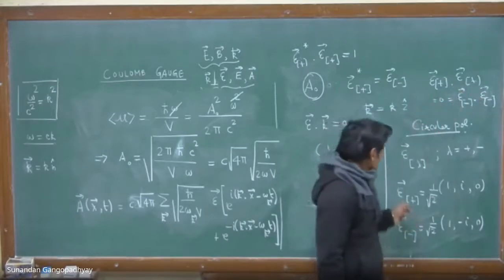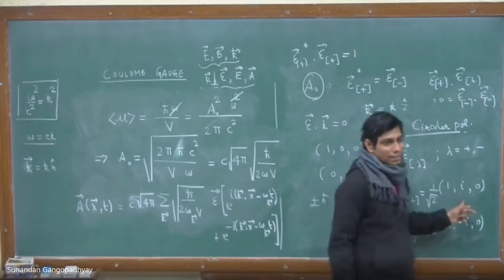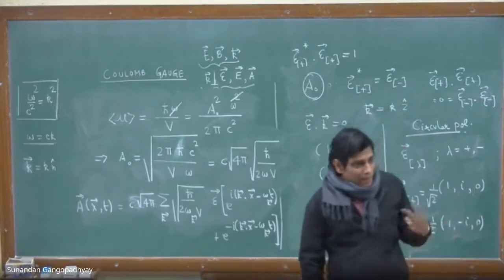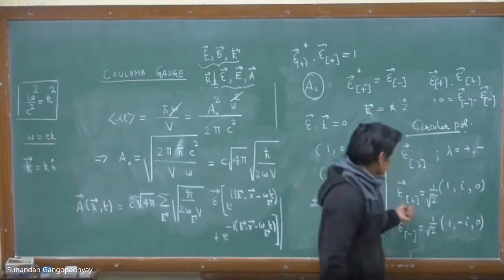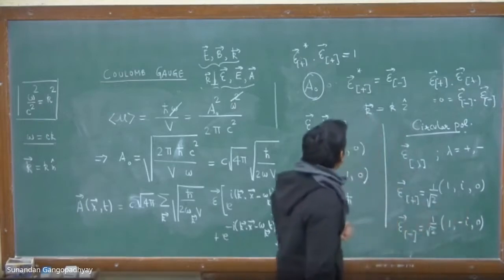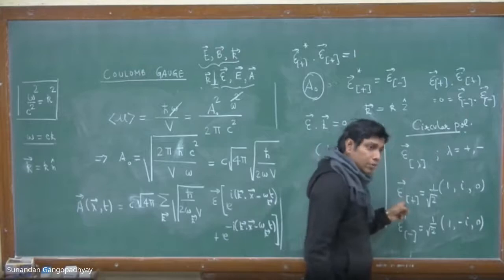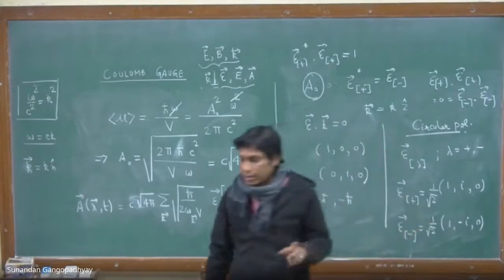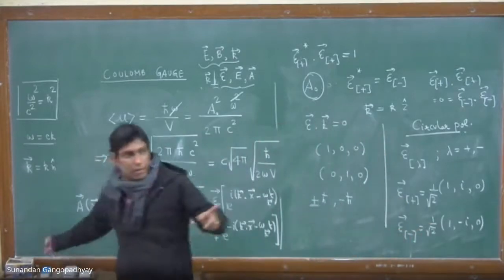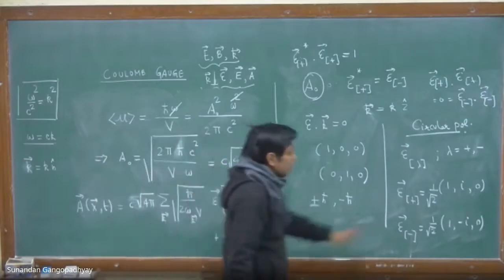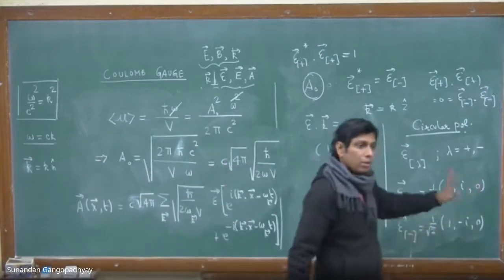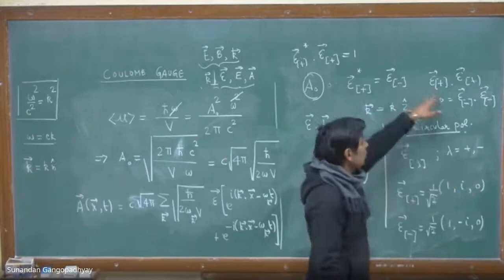Why? Because this is a complex vector. If you want to take the magnitude of this vector, you have to compute the dot product of this vector with its complex conjugate, since it has a complex component. This is an important part. Had it been real, then epsilon dot epsilon would be a magnitude, but here it is not.